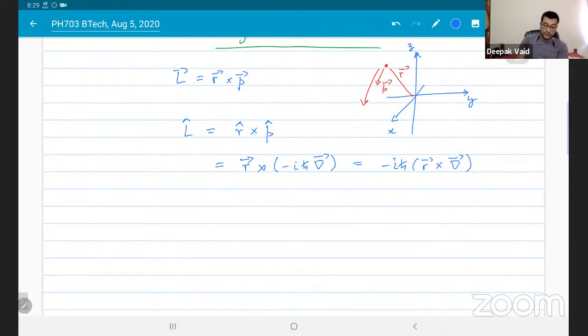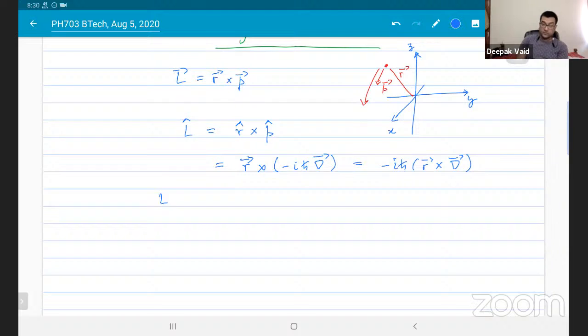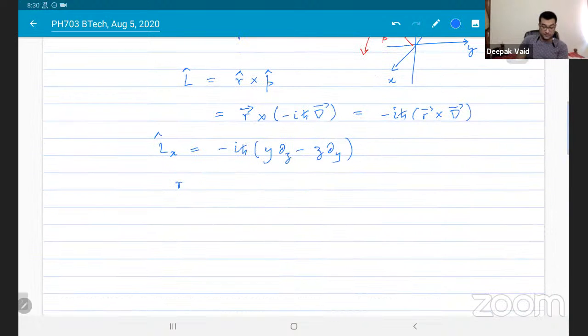If I write down the components of this, this is a vector, because r is a vector, the gradient is a vector, and the cross product gives you a vector. So let's say I ask, what is Lx? Lx is i h bar, and then you will get y times dz minus z times dy. Why is this? The vector r is just components x, y, z. The vector corresponding to the gradient is dx, dy, dz.